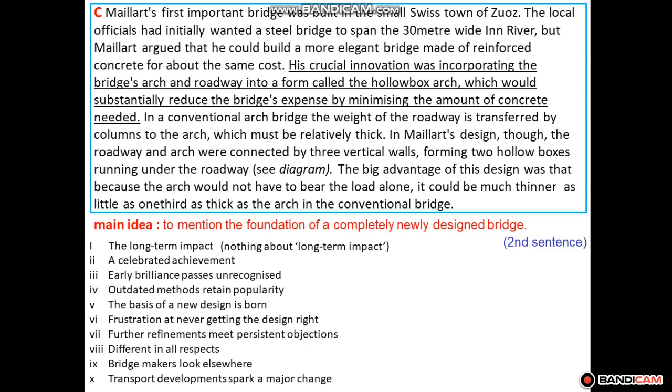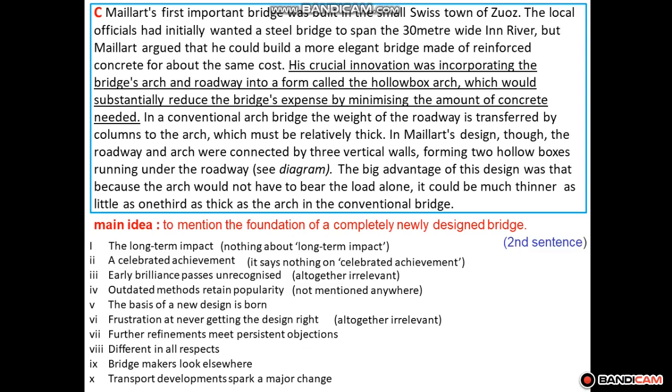Nothing about long-term impact in this paragraph. Okay. 2, it says nothing on celebrated achievement. 3, altogether irrelevant. 4, not mentioned anywhere. 5, okay, we will come to it. 6, frustration, no, altogether irrelevant. 7, altogether irrelevant and a distractor. 8th one. 9th one is irrelevant. 10th one is a distractor.